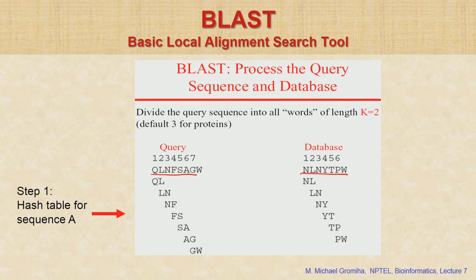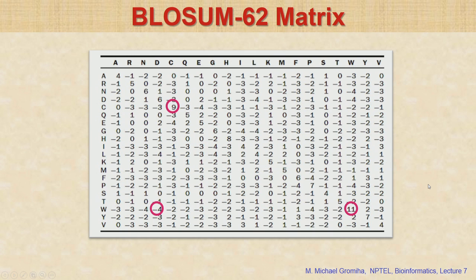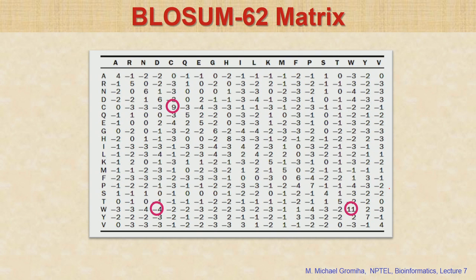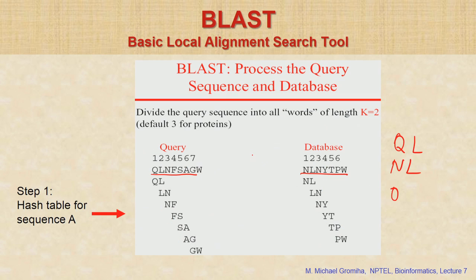First we see QL and NL. We take QL and NL, what is the score? Compare these values: what is Q and N? Q and N is 0, right. L and L is 4, right, 4.